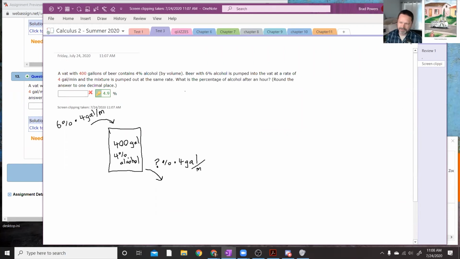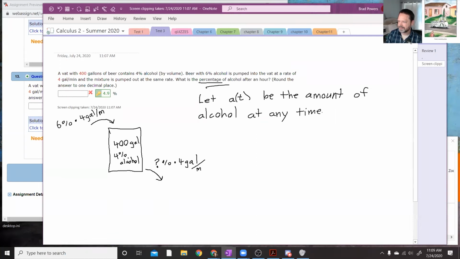I think I want to set this up the same way. Rather than do the percentage, let our function be the amount of alcohol. So we'll just say, how about A of t for alcohol? Let A of t be the amount of alcohol at any time t.